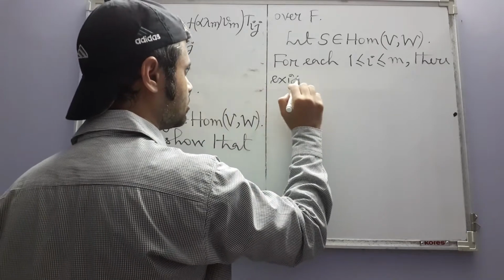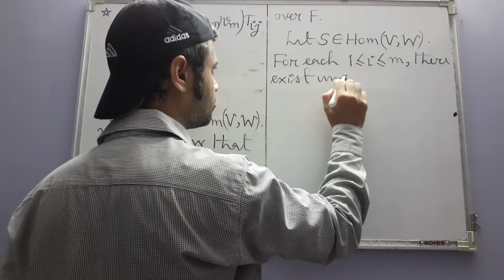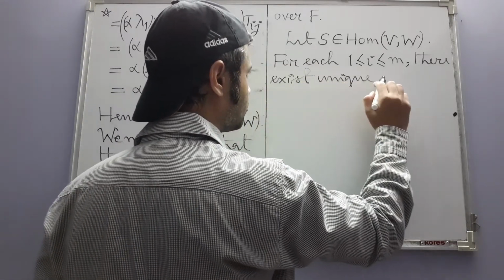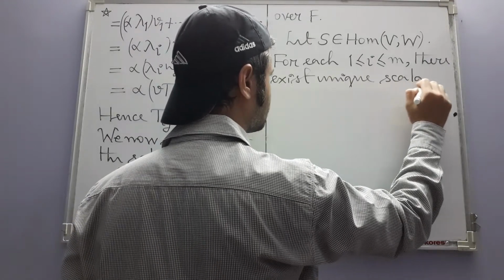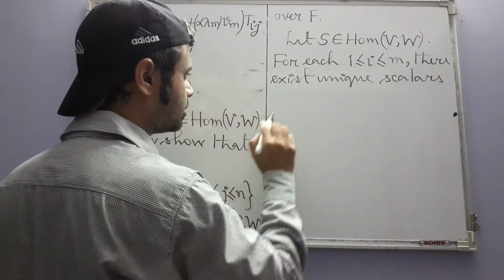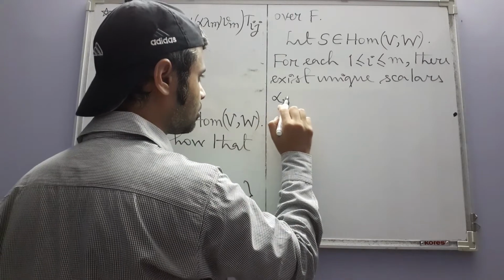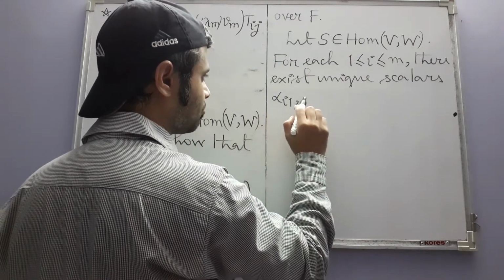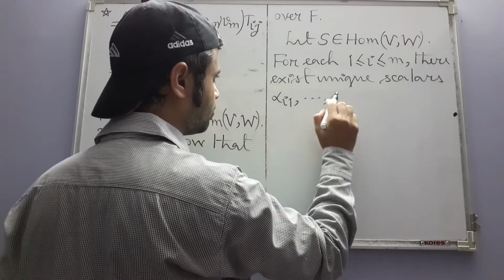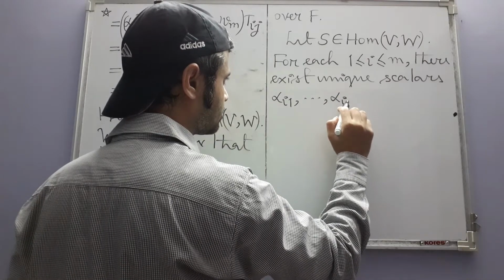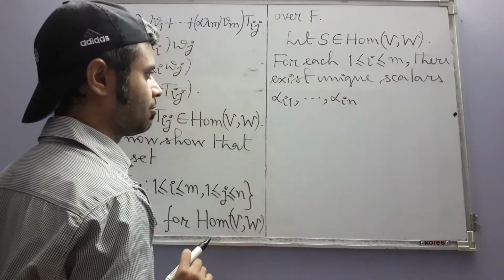there exist unique scalars alpha i1, alpha i2, etc. up to alpha in.